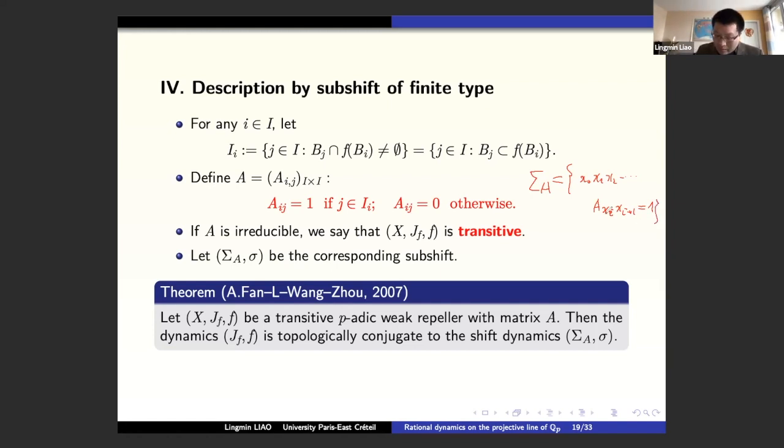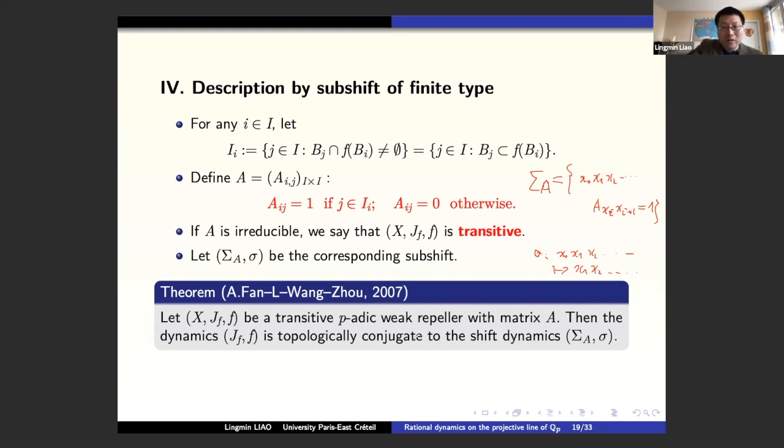So you have a path from i to i+1, and this is all the possible paths. The shift is the same thing: you take your sequence and just delete the first one. This is your shift.